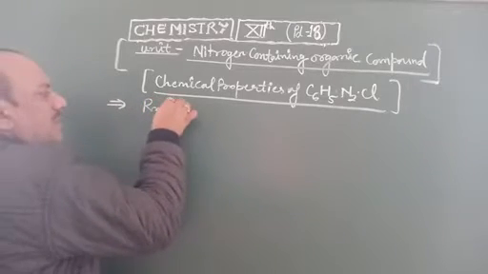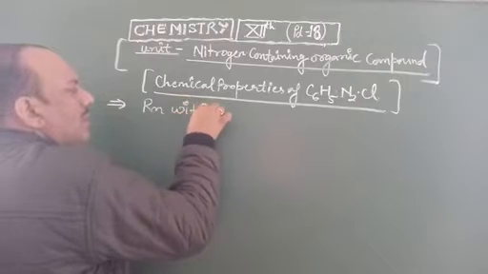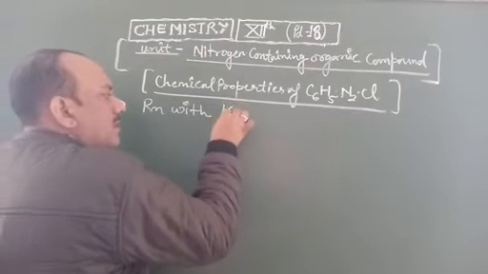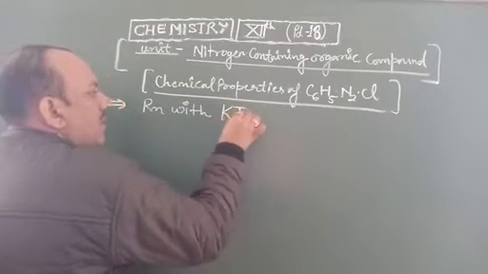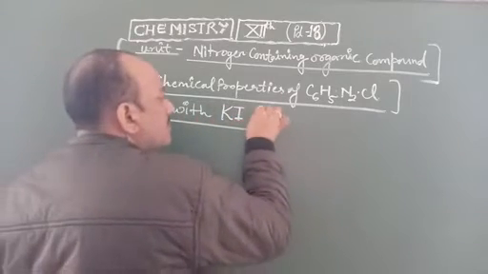So, reaction with potassium iodide, its molecular formula is KI.